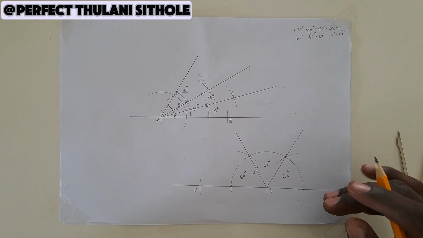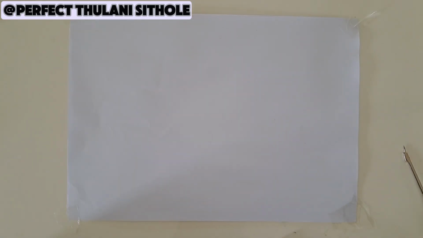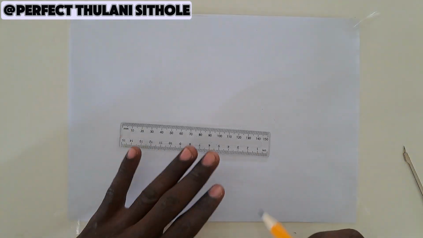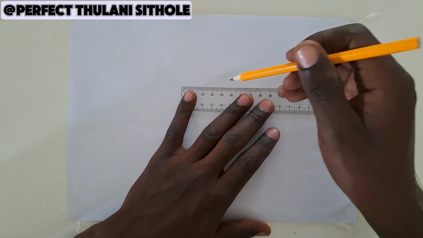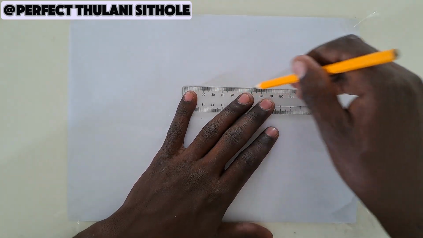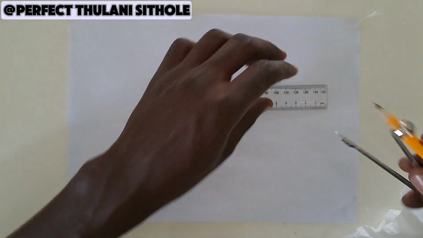So let us do the 90-degree angle. To do the 90 degrees angle, let us draw our line here. And let us name this line BC, and it's 5 centimeters.